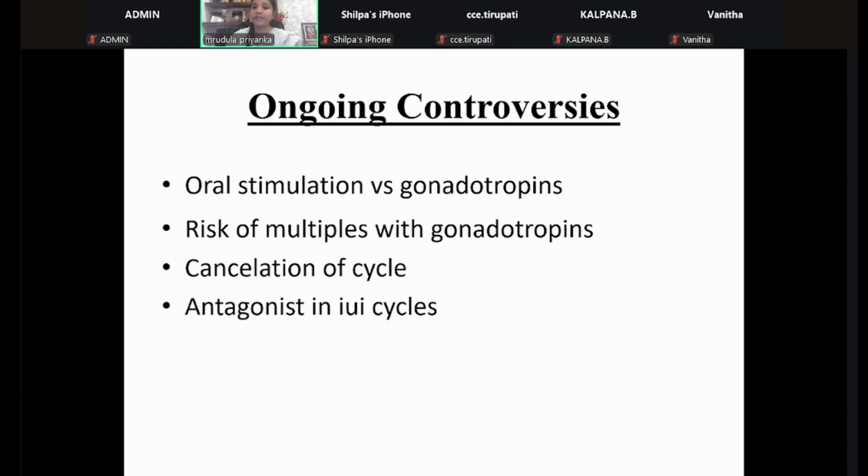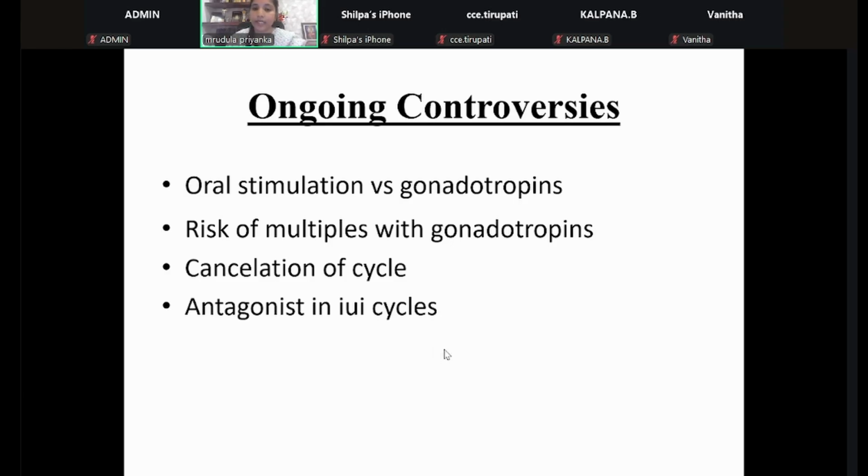So an antagonist in an IUI cycle is one more addition to the cost to the patient. Most gynecologists will be adding an antagonist whenever they see a premature LH surge. So already there is a dominant follicle, and the endometrium is thin. So to prevent the LH surge, they'll be adding an antagonist.